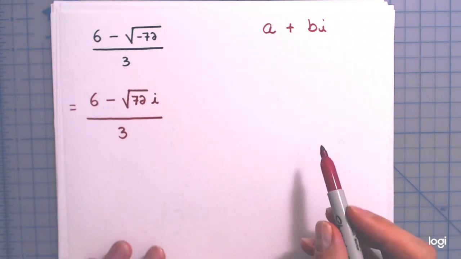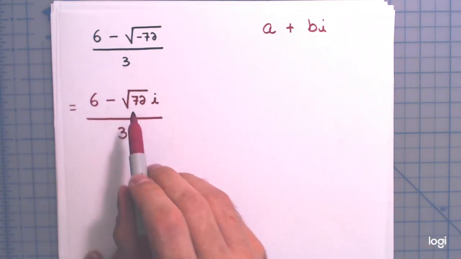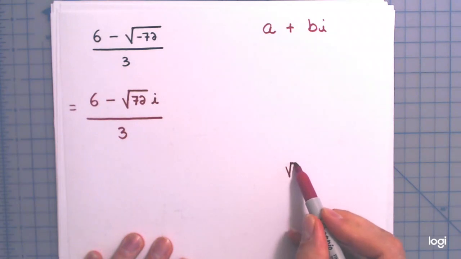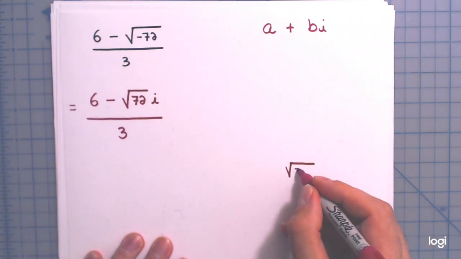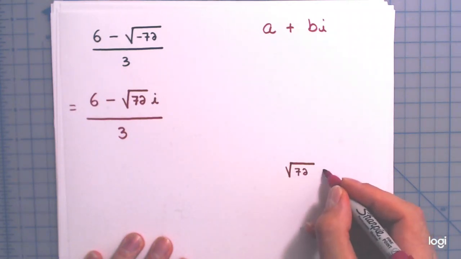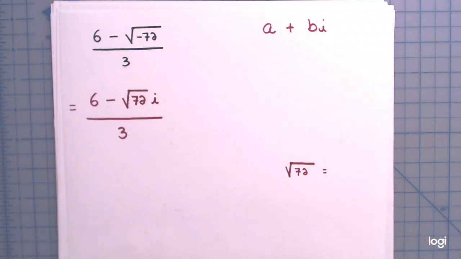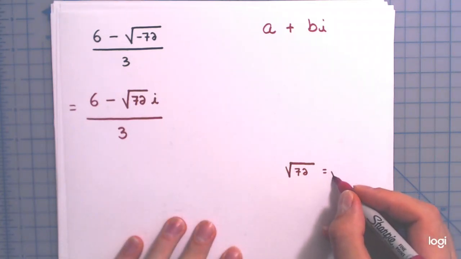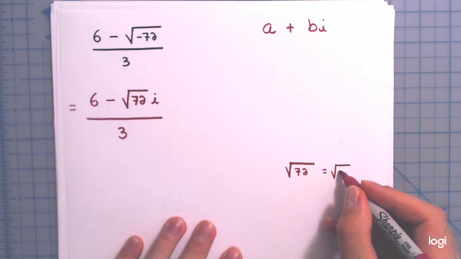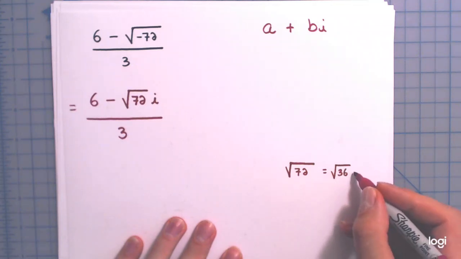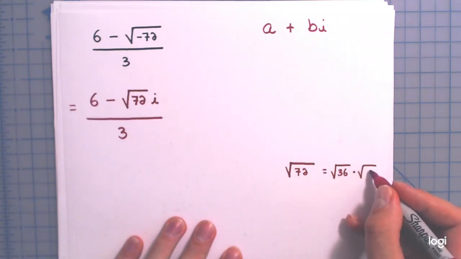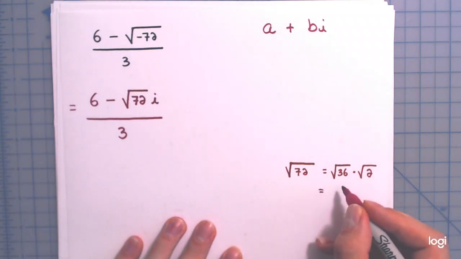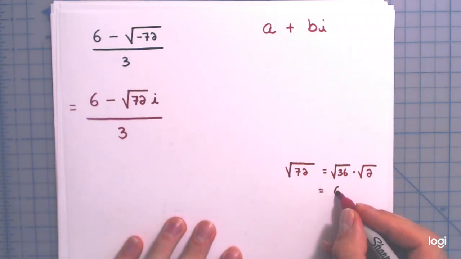Off to the side we'll simplify the radical, the square root of 72. It's real, and I can break this up into the product of two real numbers where one of the radicands is a perfect square. 36 goes into 72 evenly, and that's a perfect square. So I could break this up into the square root of 36 times the square root of 2, and the square root of 36 is 6.